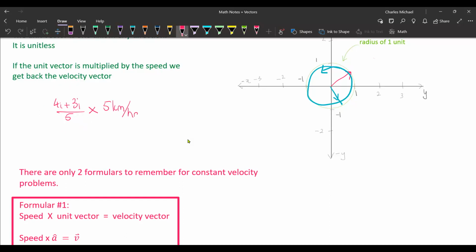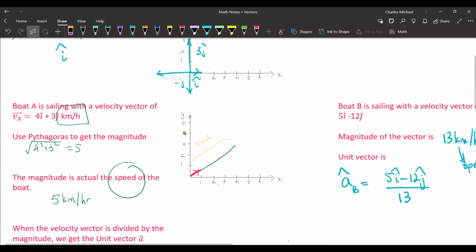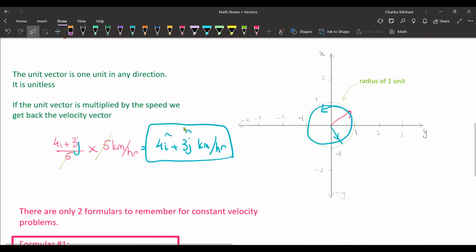If I multiply this by 5 kilometers per hour, the 5 and the 5 will cancel off, and I will be left with 4i plus 3j. And this is our initial velocity vector from the question: 4i plus 3j kilometers per hour.